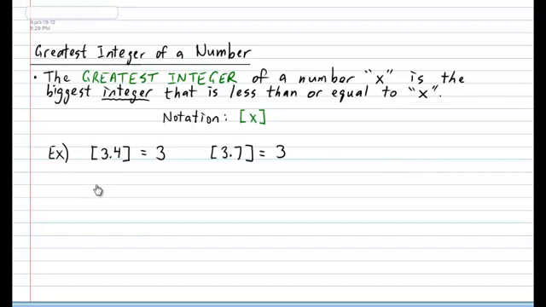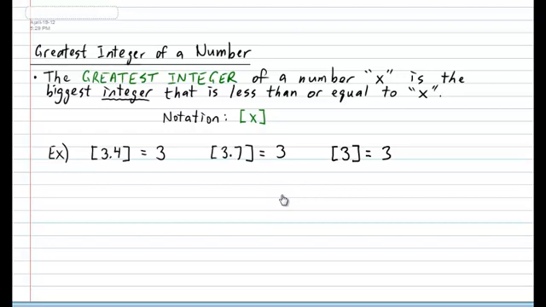Same question. What is the greatest integer of the number 3? Which whole number comes closest to 3 without going over 3? Well, that would be the number 3 itself. According to the definition, it could also equal the number inside the bracket.